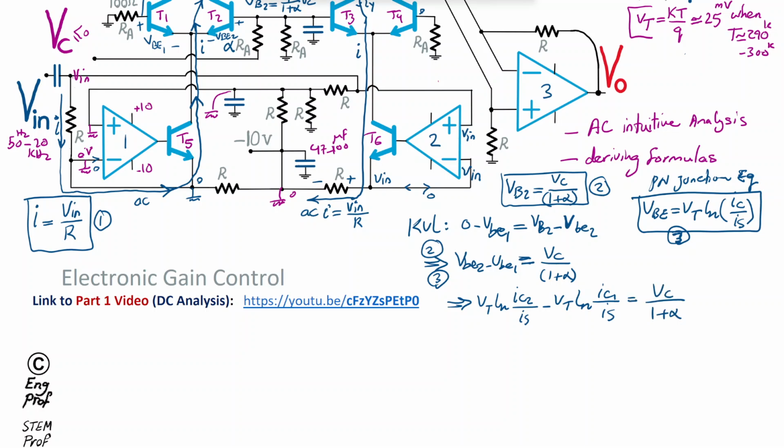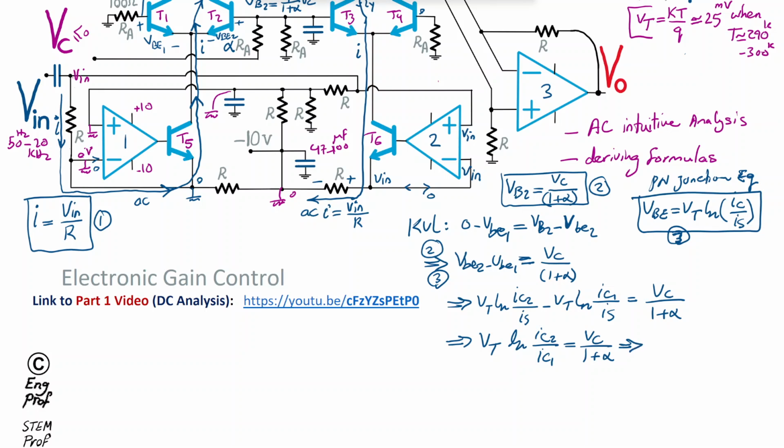Now the benefit is, since these transistors T1 and T2 are matched, then IS is the same and VT is the same for these two transistors. That's why I didn't use different values for them. Now, because of the property of log, we can say VT natural log of IC2 over IC1 equals VC over 1 plus alpha.